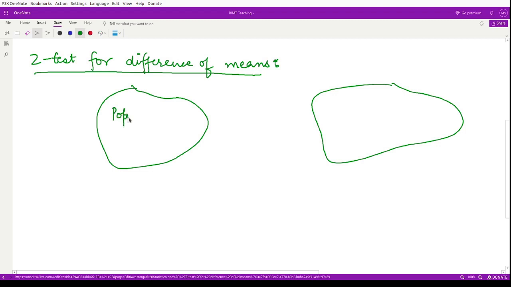We say this is population 1, this is population 2. What are the parameters corresponding to population 1? We have n1 as the number of elements here, if it is finite. Then we have mu1 representing the mean of this population, and sigma 1 representing the standard deviation of this population. Similarly, we have n2, mu2 and sigma 2 representing the number of elements, mean and standard deviation for this population.